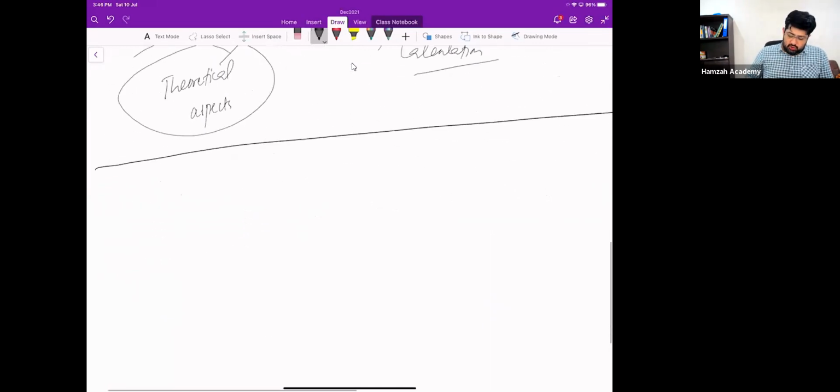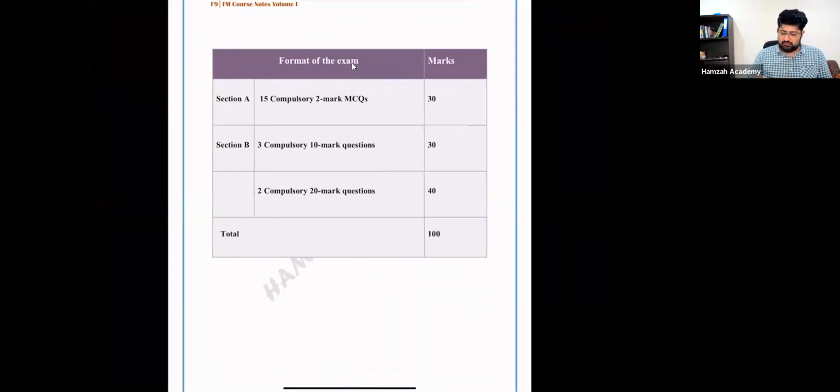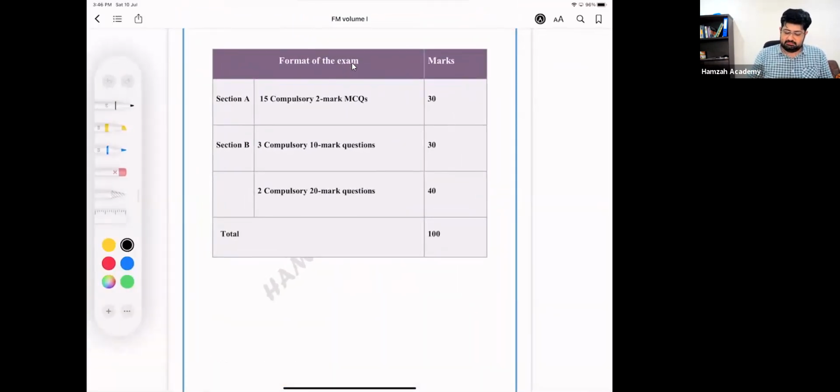Students, your exam paper is here in front of you. It has section A, B, and section C. Section A has 15 compulsory MCQs, 2 marks each, 30 marks. Section B has 3 compulsory 10-mark questions, each an objective test case scenario followed by 5 questions, 30 marks again.